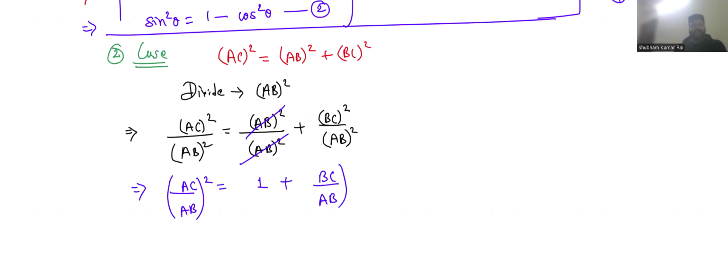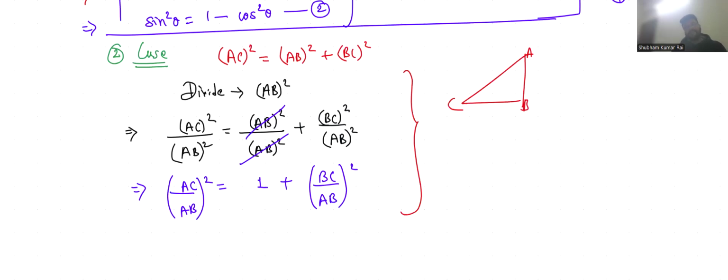Now, can you just guess? As we had a triangle like this, A, C, B, this was your perpendicular, this was your base, and this was your hypotenuse. Can you guess, with reference to angle A as theta, what is AC upon AB?